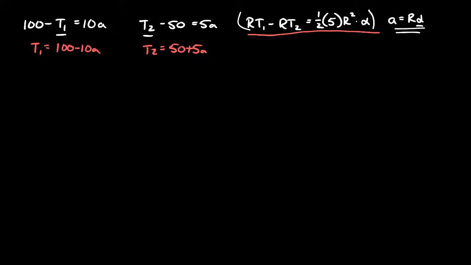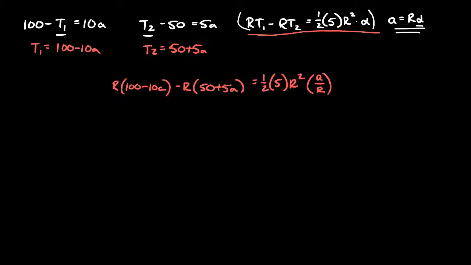So we start substituting in. I'll get R times (100 minus 10A) minus R times (50 plus 5A) equals 1/2 times 5 times R squared times A over R. That's all the substitution.